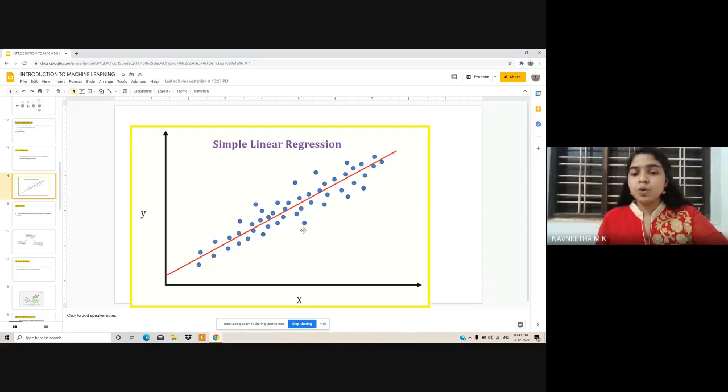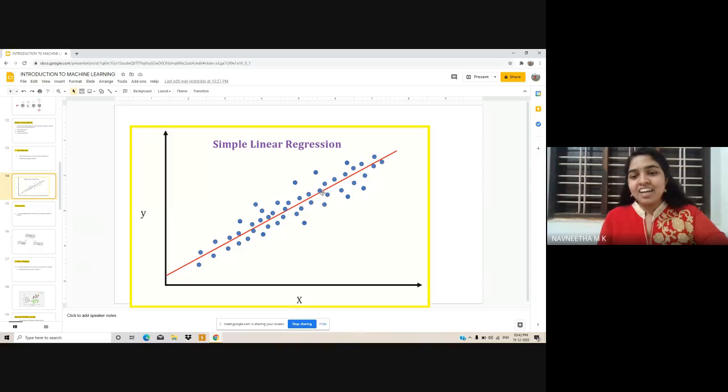In this graph, the blue dots denote the data points. Here the red line is the regression line. If the data points are closest to the regression line, the chance of error is less. That means it is a good prediction.